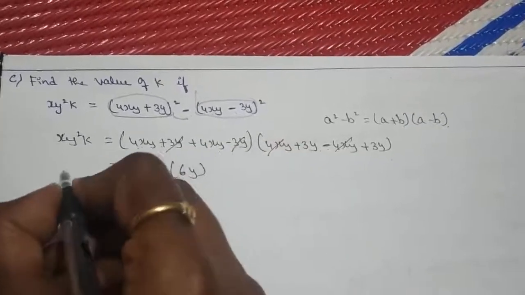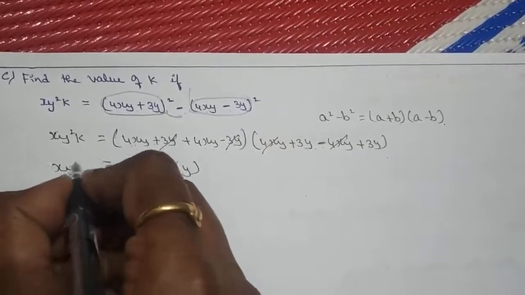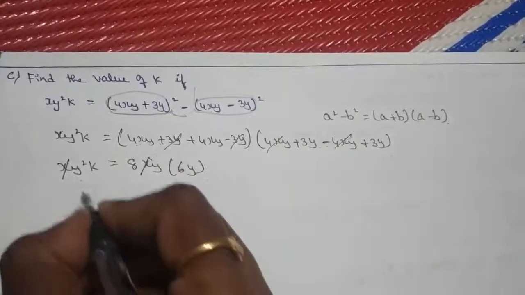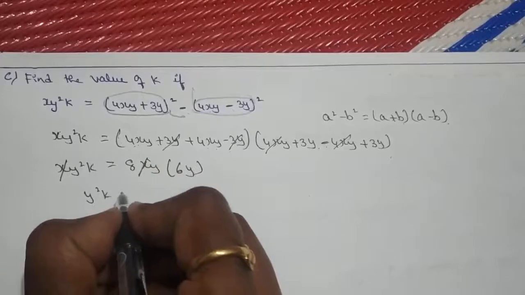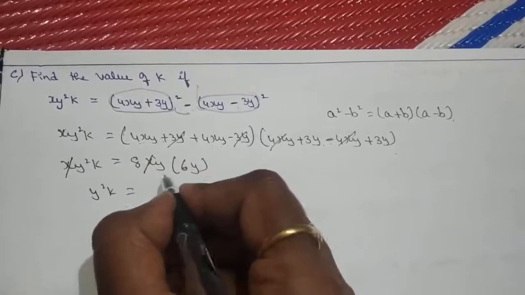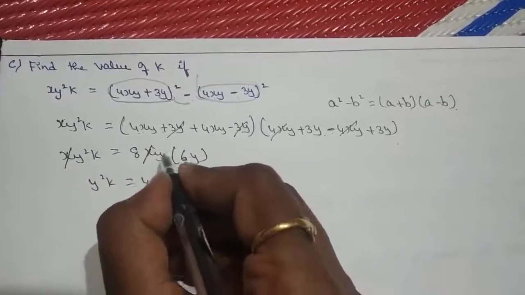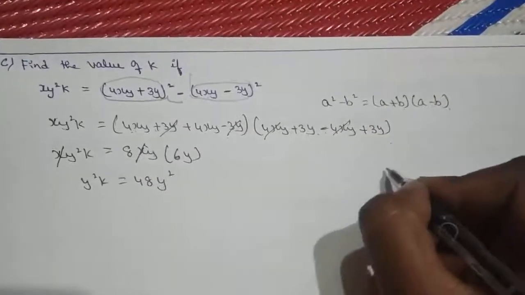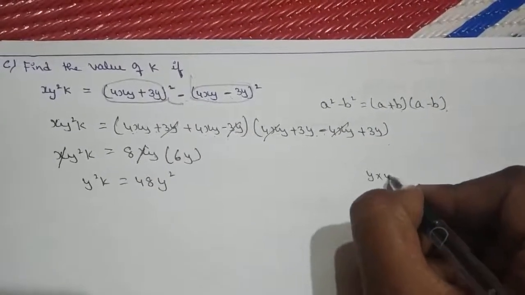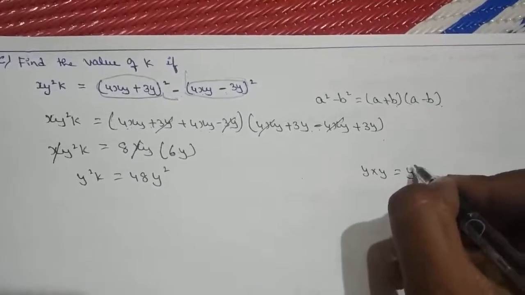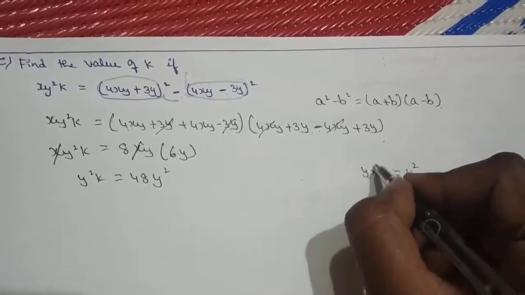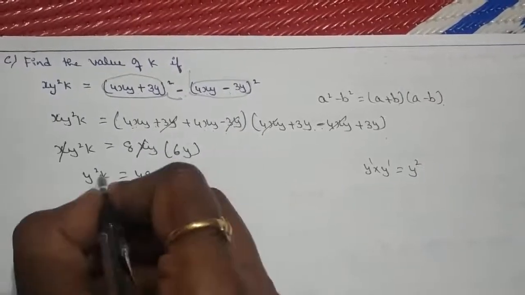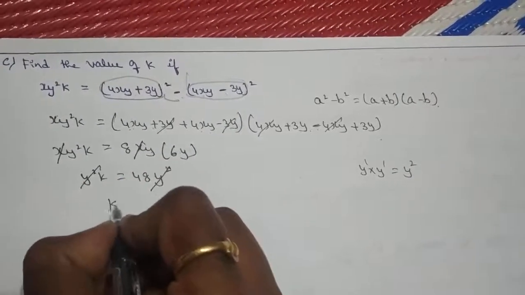What is in the LHS? X y square k. This x will get cancelled. Y square k equal to 8 times 6, 48. What is left? Y into y. Y into y is nothing but y square, because we know that a power m into a power n is nothing but a power m plus n. That is 1 plus 1 is nothing but 2. Here y square gets cancelled, then k equal to 48.